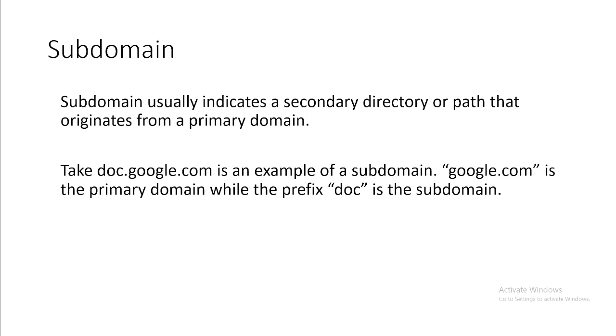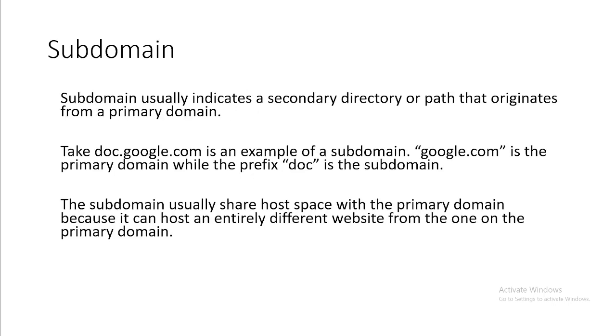Google.com is the primary domain, while the prefix doc is the subdomain. The subdomain usually shares host space with the primary domain because it can host an entirely different website from the one on the primary domain.